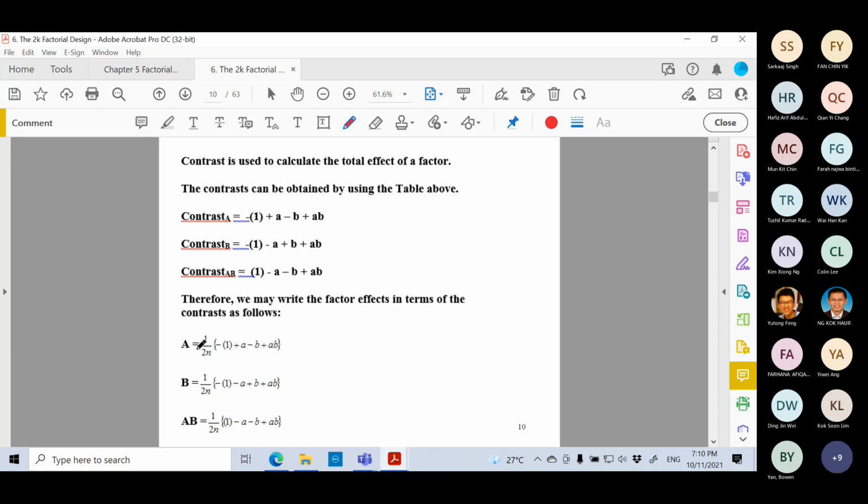Then you can get the effect of A. For B, it is also 1 divided by 2n times the contrast of B, and for AB it is 1 divided by 2n times the contrast of AB. Okay, so through the sign table here, you can easily get the effect of A and B. So this is for the calculation of the effect.